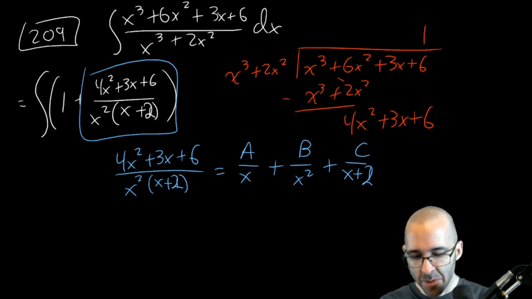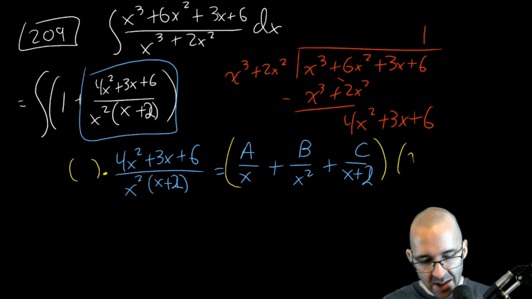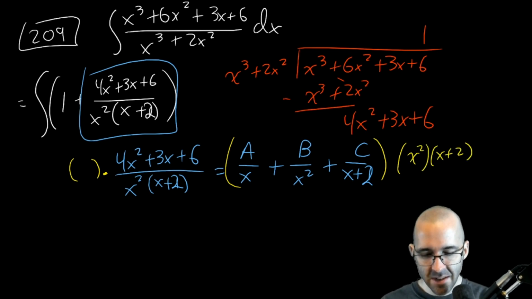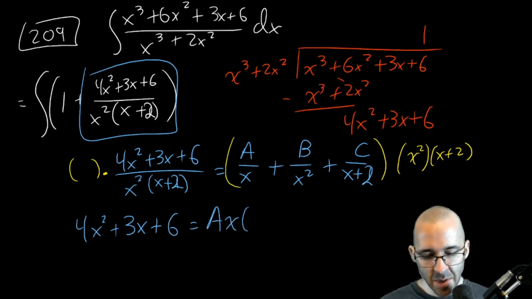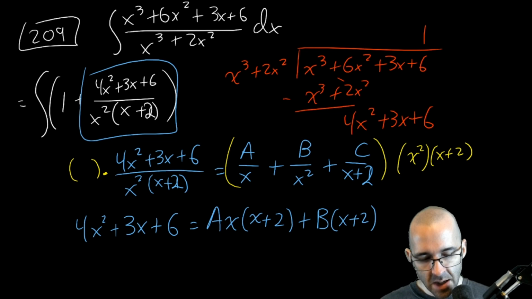All right, and then you multiply both sides of this by the LCD, that's x squared times x plus 2. And what do you get? Well, you get 4x squared plus 3x plus 6 equals A, one of the x's cancels, but we still have the other x, plus B, both x squareds cancel, x plus 2, plus C, x plus 2 cancels, and we're just left with the x squared.